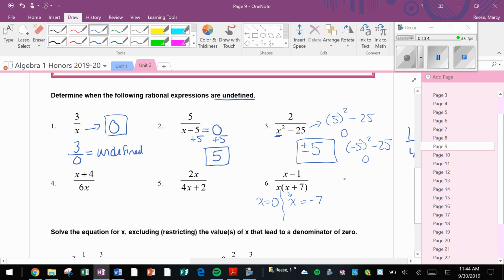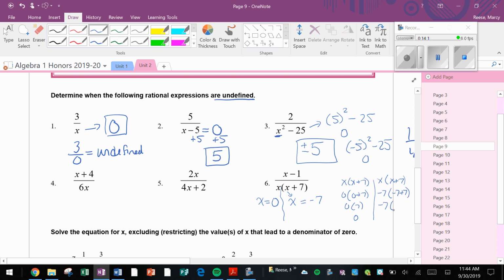Well, let's check them. So here's my denominator. If x was 0, then 0 times 7 is 0. We can't have 0 on the denominator. So x can't be 0. If x were negative 7, look at this.